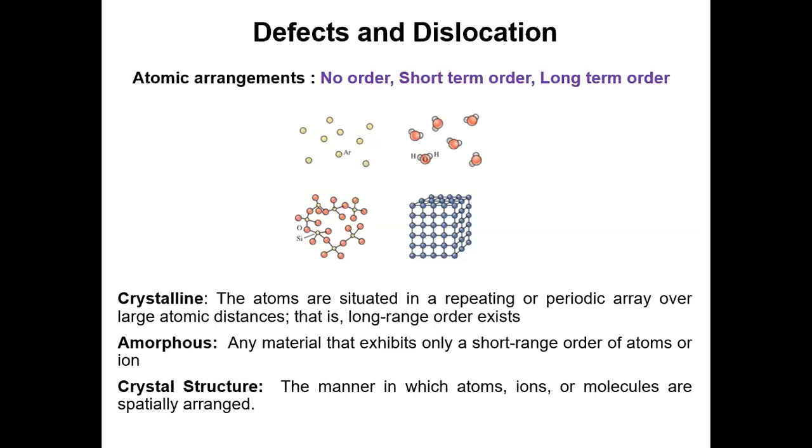Then you will hear in some fields about the crystalline structure in the future. The crystalline structure means the manner in which atoms, ions or molecules are spatially arranged. How in space a certain atom or ion or molecule is arranged, that we call the crystalline structure.